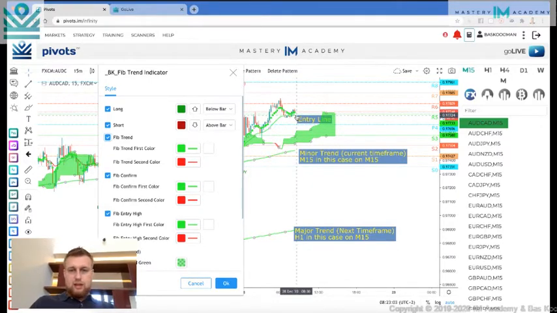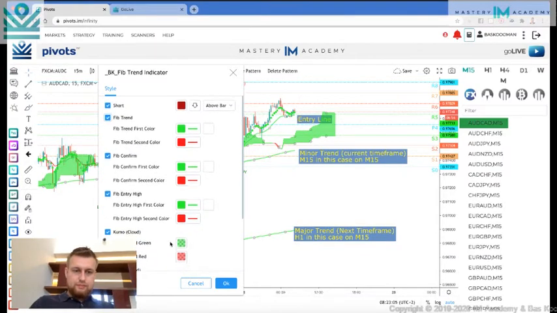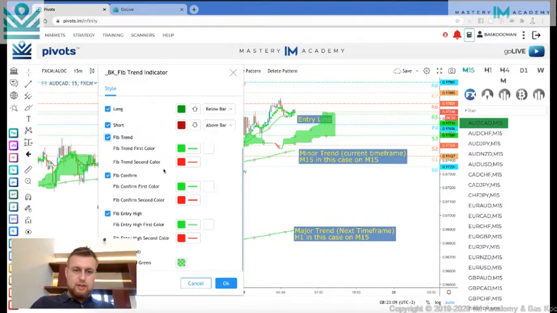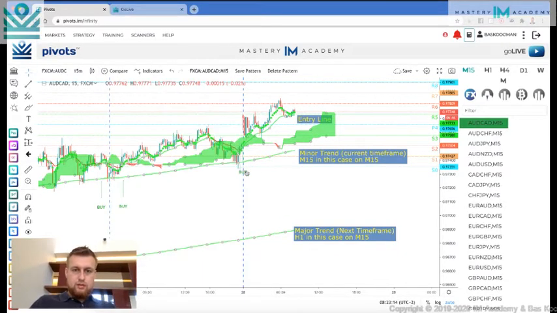So if it's red, it will be the entry low. Then we also have Kumo clouds, red and green lines and things, and we also have some arrows. So looking at the arrows, here we have a buy signal, here we have a buy signal, and here we have a buy signal.